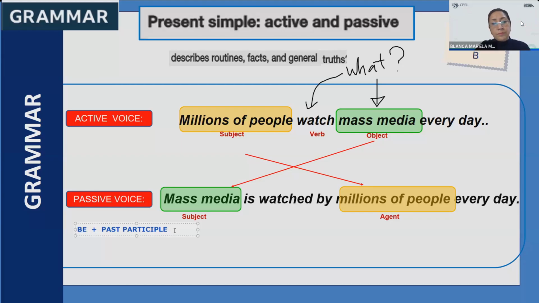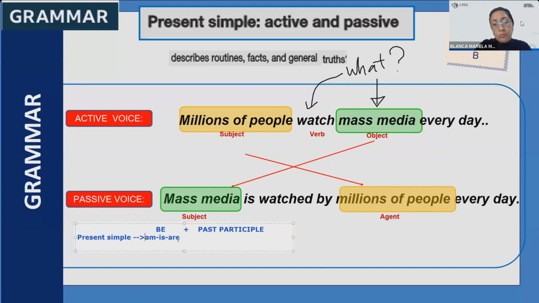For example, present simple. The verb to be in present simple is, are.